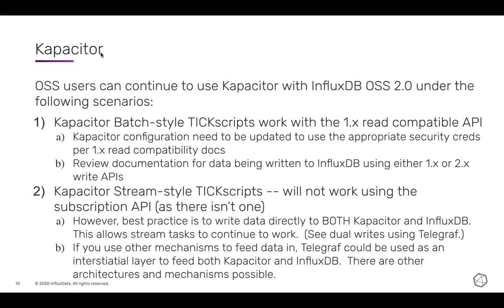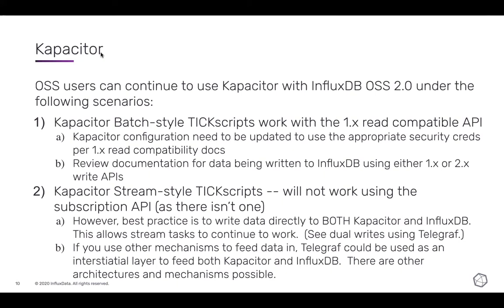You should be able to use that. And then if you're using other mechanisms to feed data in, again, you're in this sort of dual write scenario. If that's too many changes, again, you could use Telegraf as an intermediate layer to capture that data and do the dual writes for you. That is another best practice.